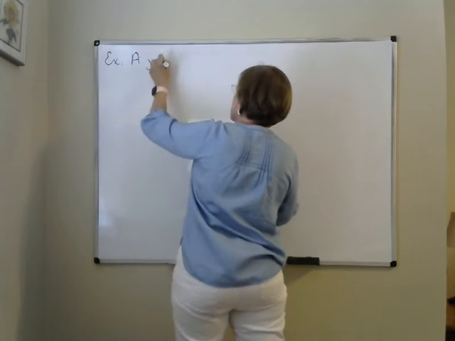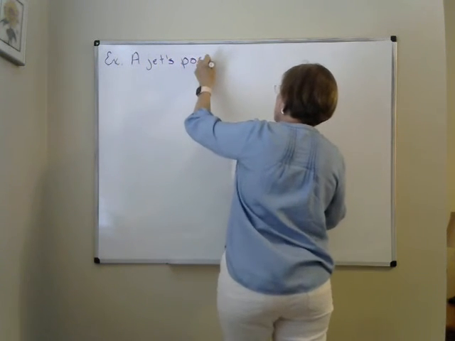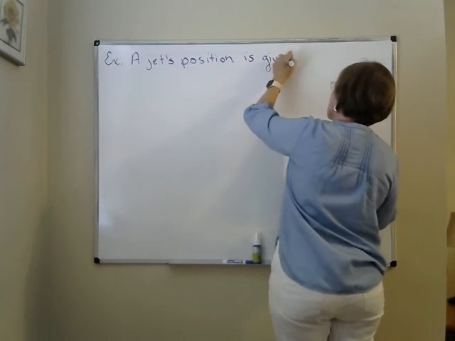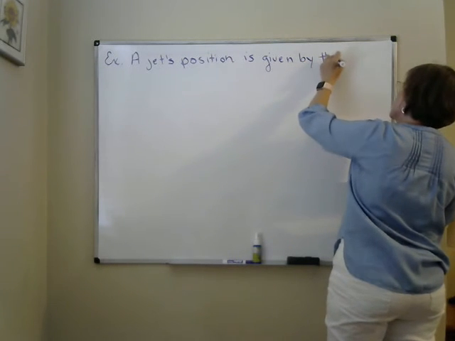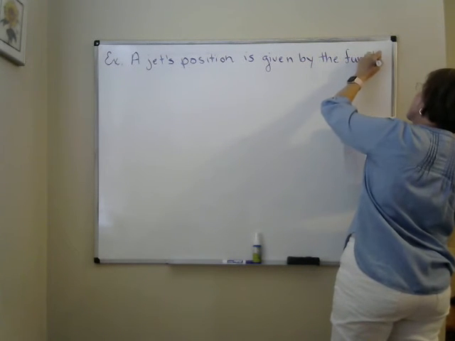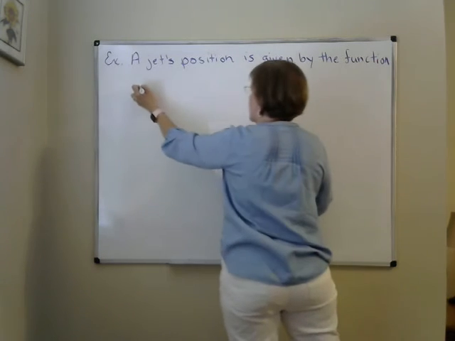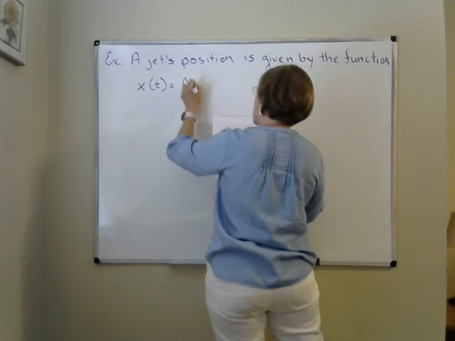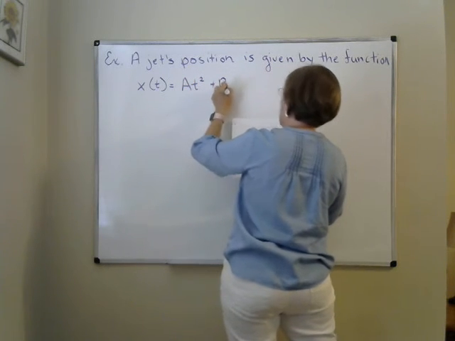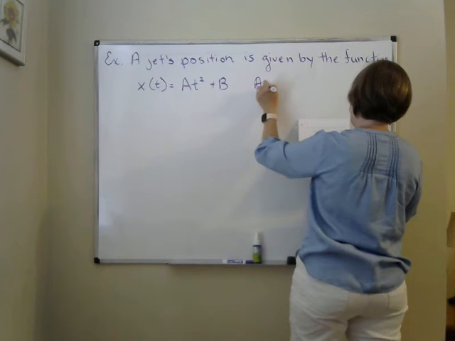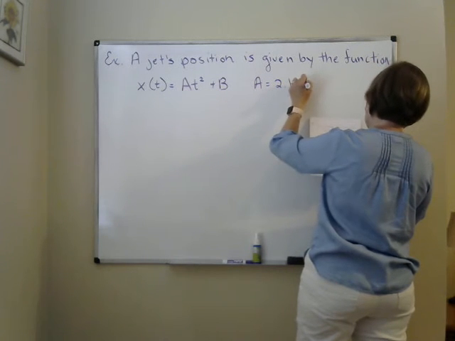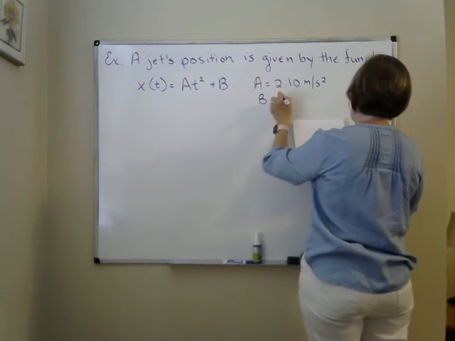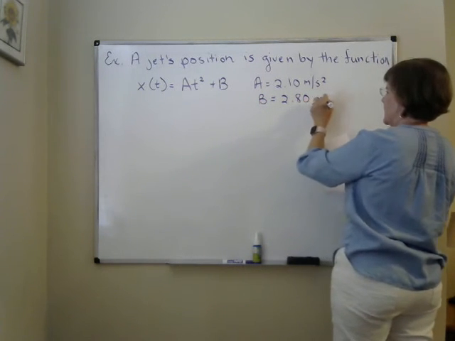Suppose a jet's position is given by the function x of t equals a t squared plus b. And then over to the side, they tell me a is equal to 2.10 meters per second squared, and b is equal to 2.80 meters.